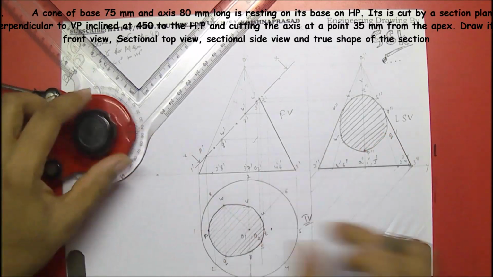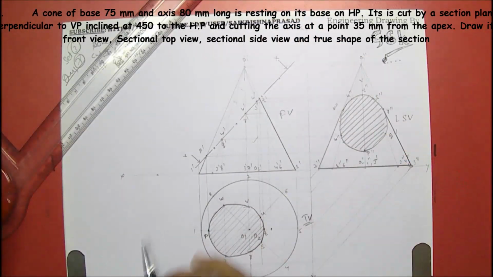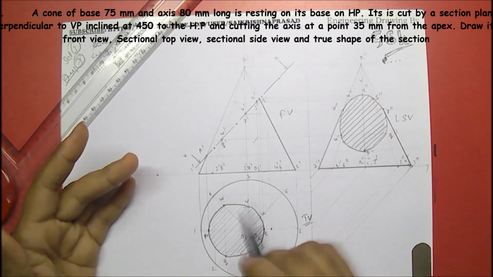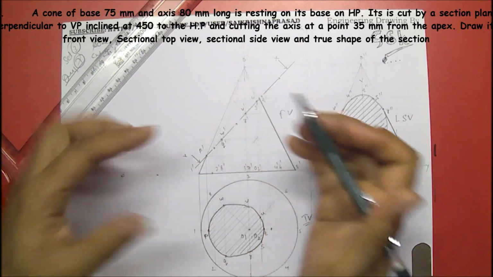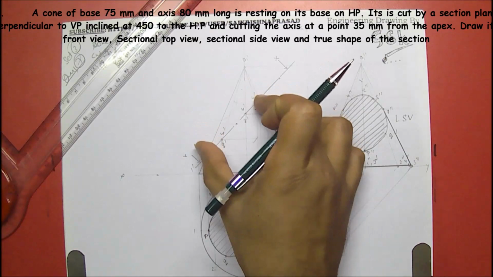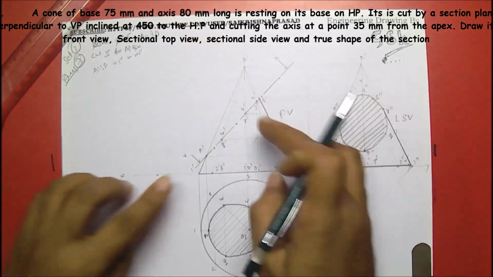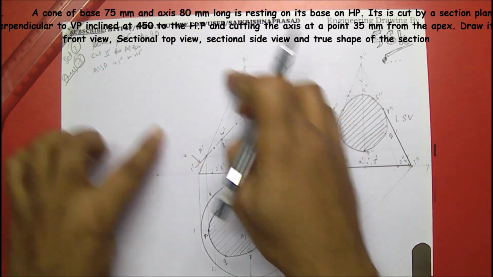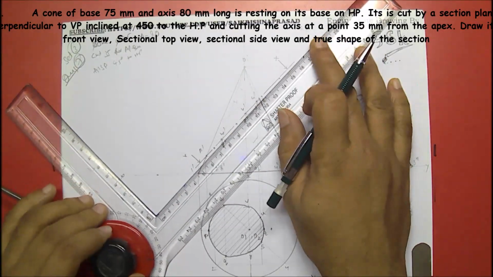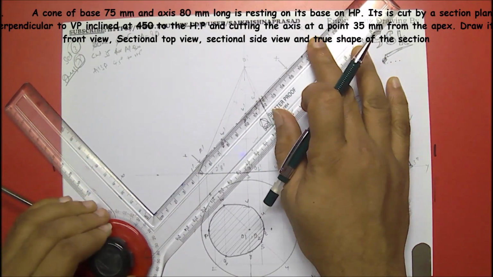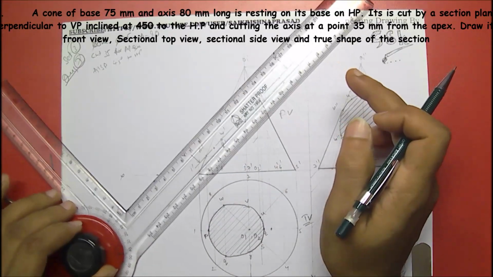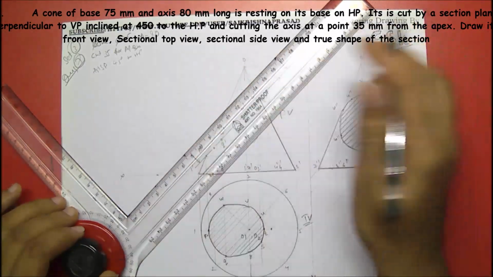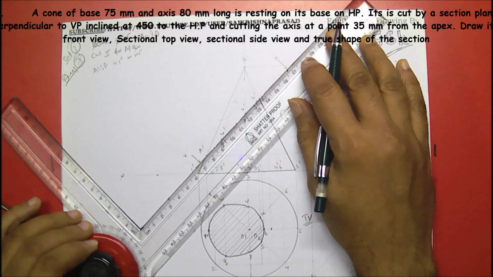So this dark. Now we have to find out the true shape. In either of these views, you are not getting the true shape, meaning the original shape of this section. So for this, you have to draw the auxiliary views, taking the projectors from here. So for auxiliary views, I'll be drawing the reference line parallel to the section, our auxiliary section line.